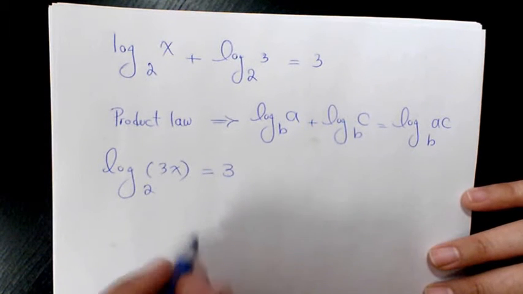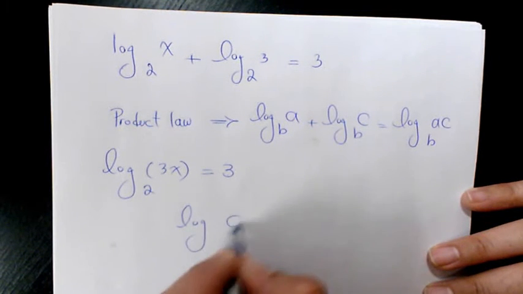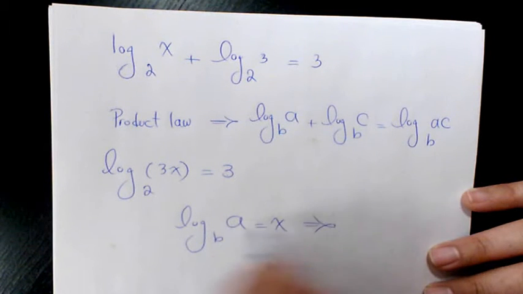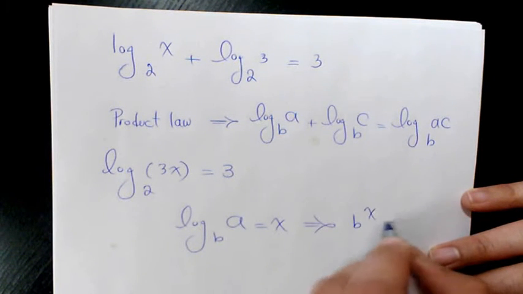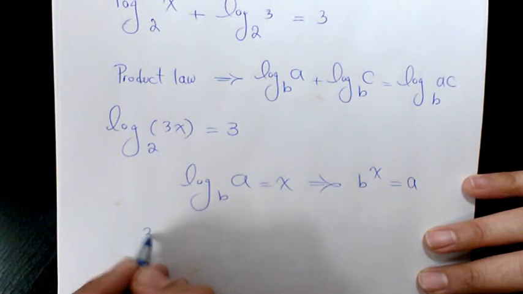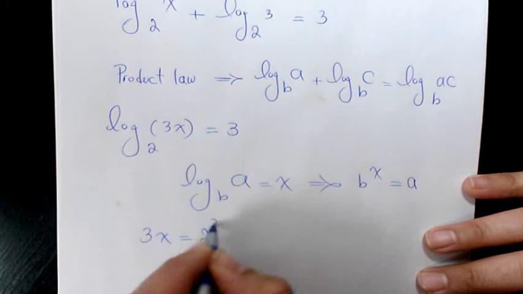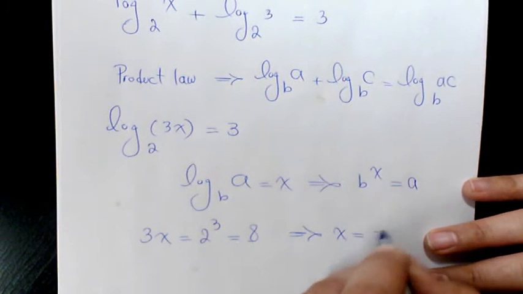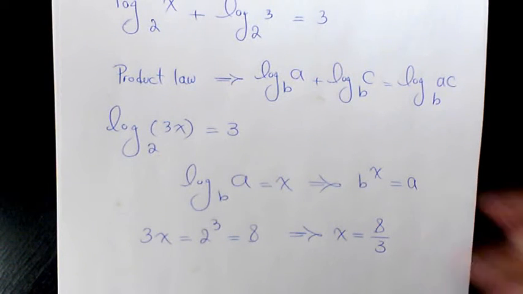Then I can say, when you have log a base b equals x, b to the power of x equals a, which means that 2 to the power of 3 equals 3x. So 3x equals 2 to the power of 3. 2 to the power of 3 is 8, so x will be 8 over 3.